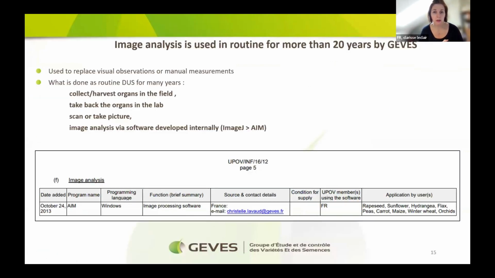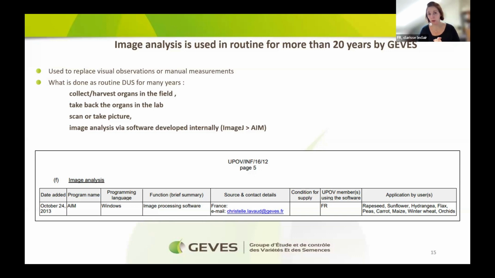It's called AIM. It's a software that was developed together at GEVES with a statistician and IT experts. But it is based on a free software that some of you may know and may use, called ImageJ.